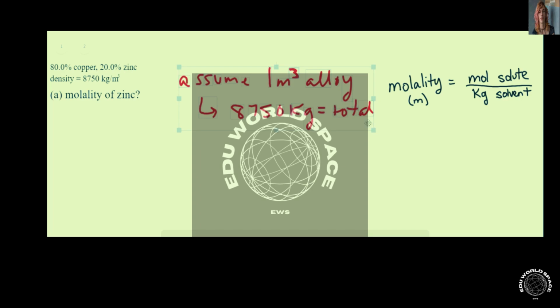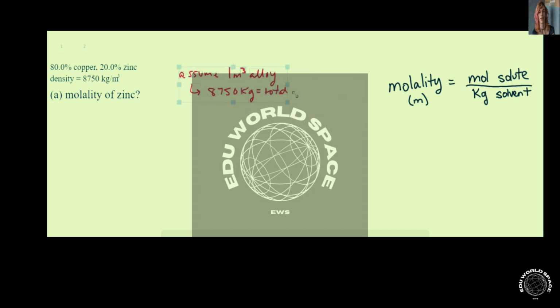Now remember that for molality, what I need is moles of solute. In this case, copper is the solute, and the solvent is the zinc because there's more zinc. Sorry, I have that backwards.